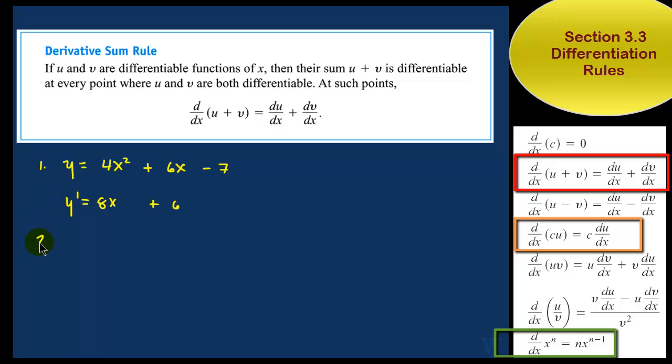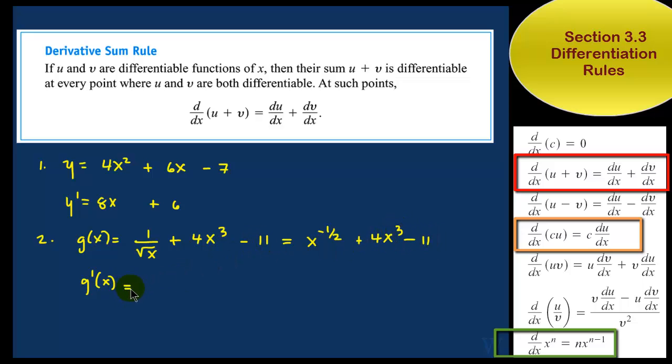Another example, let's say g of x is equal to 1 over the square root of x plus 4x cubed minus 11. What is g prime of x? Well, we can rewrite this first as x to the negative 1/2, that's another way of writing 1 over square root of x in terms of its exponents, plus 4x cubed minus 11.